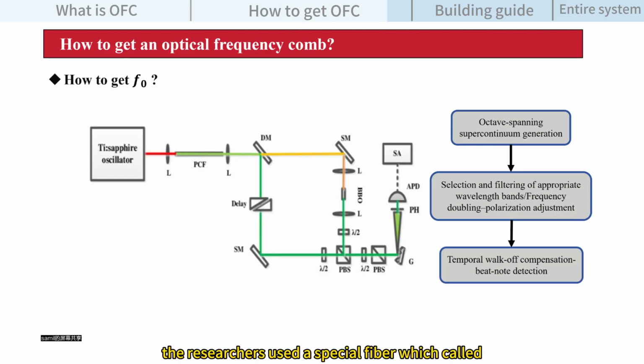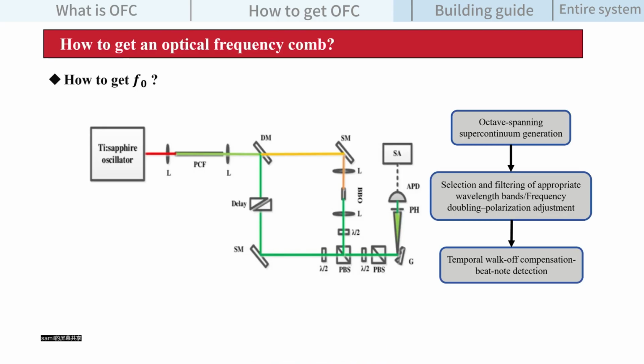So the researchers used a special fiber called photonic crystal fiber, which broadens the spectrum of the pulse. With this broad spectrum, it is easy to generate the second harmonic and use beat detection to find the carrier envelope offset frequency.